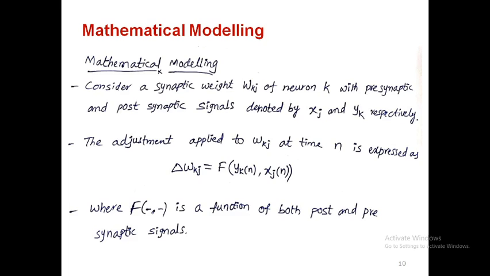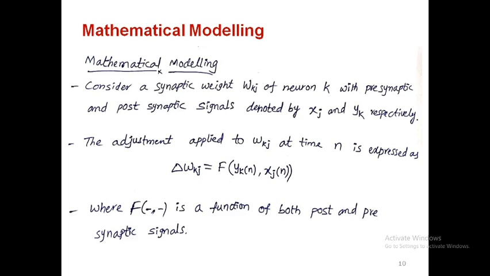The connection link between Xj and Yk is the weight Wkj. The adjustment applied to the weight at time n, where n is the number of iterations, is the change in weight delta Wkj equal to a function of Yk of n, Xj of n.